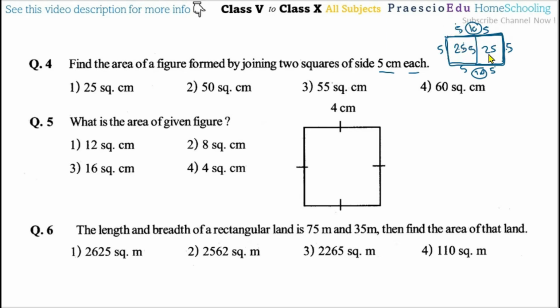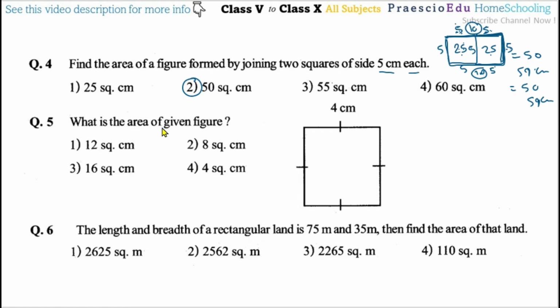We can do the addition, so 25 plus 25 is 50. This is one way. Okay, so this is square centimeter, or we can say after addition of these sides, 5 plus 5, it will be the total 10, and this is the width, so 10 multiplied by 5 is also the same, means 50 square centimeter. So 50 square centimeter is given in option number 2.